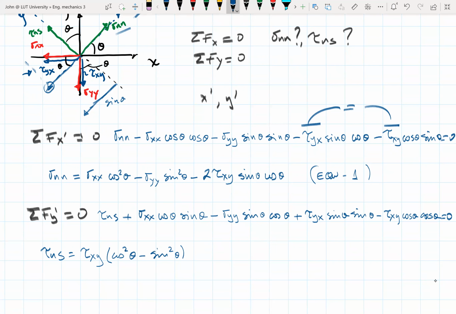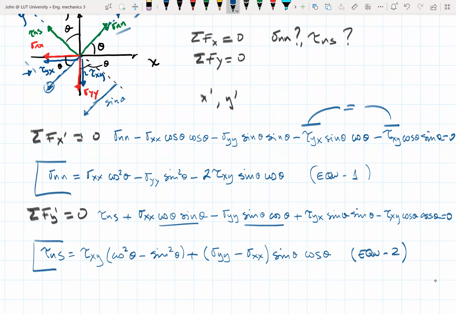Then plus sigma yy minus sigma xx times sine of theta cosine of theta. And let's call this equation number 2.